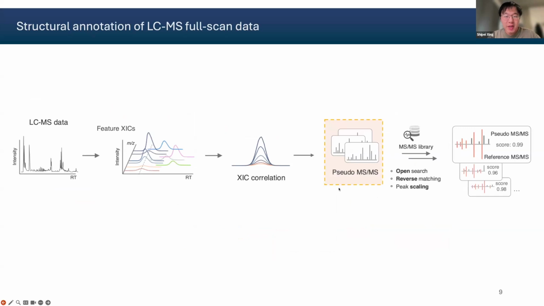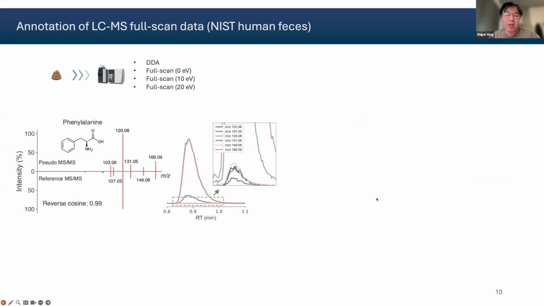Going back to LCMS data, with peak correlations of metabolite features along the retention time, we can generate these pseudo-MS2 spectra, and then they can be further annotated using MS2 libraries through a precursor-tolerant reverse spectral search. Here is a concrete example of annotating full-scan data in LCMS. We used the NIST human feces sample.